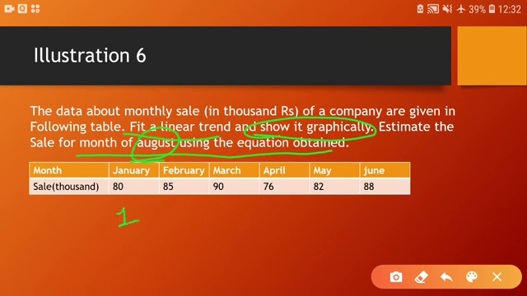So see, January is 1, February is 2, March is 3, April is 4, May is 5, June is 6.